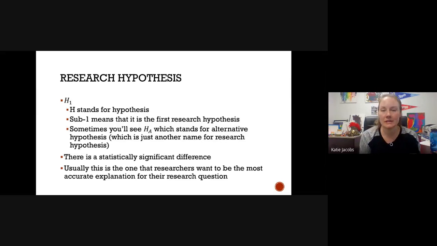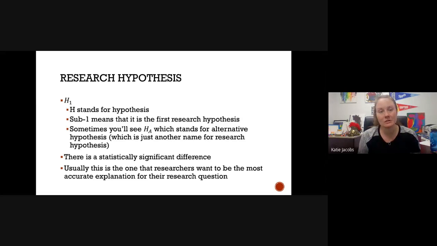So with these research hypotheses, these change depending on which statistical analysis we're doing. So I'm going to give you all the very basic information, which is going to be most commonly true as we move through these different statistical analyses. And then if anything changes, I will tell you the differences when we get to the particular analysis that might be an exception. So for this, usually there is some sort of statistically significant difference.